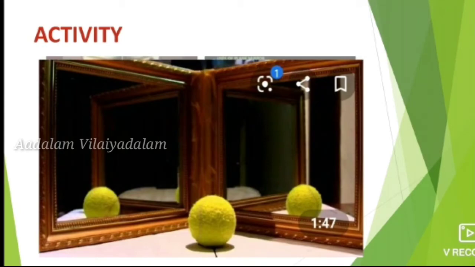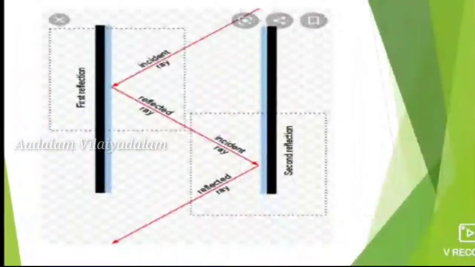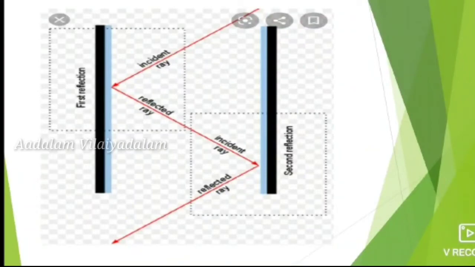The formation of multiple images is possible by the principle of multiple reflection. The image formed by the first mirror acts as an object for the second mirror, and the image formed by the second mirror acts as an object for the first mirror. Thus we get 3 images.